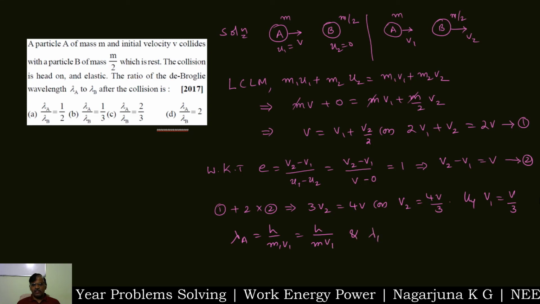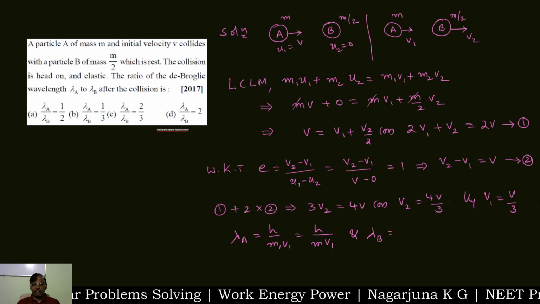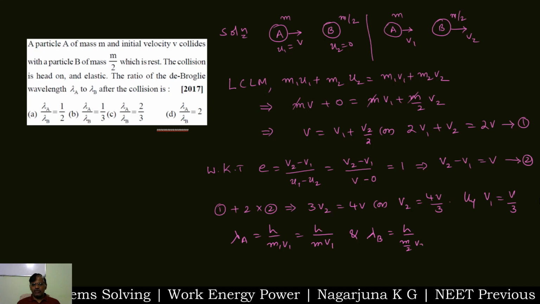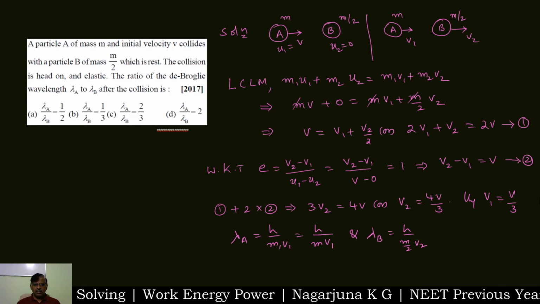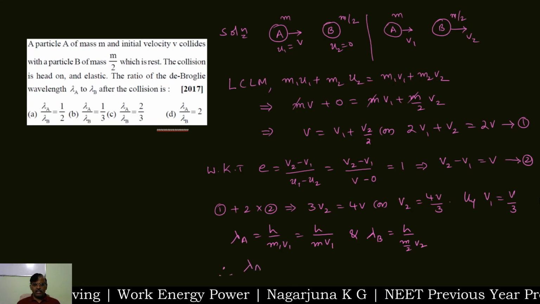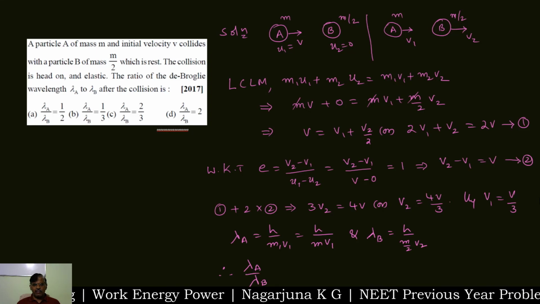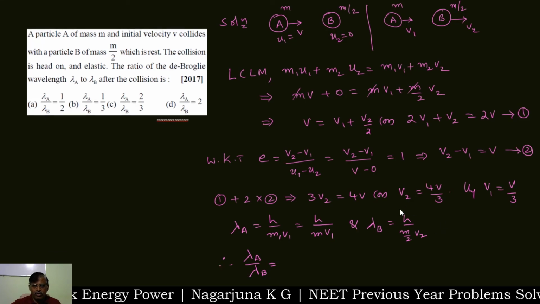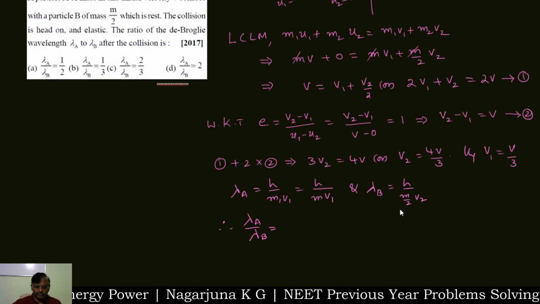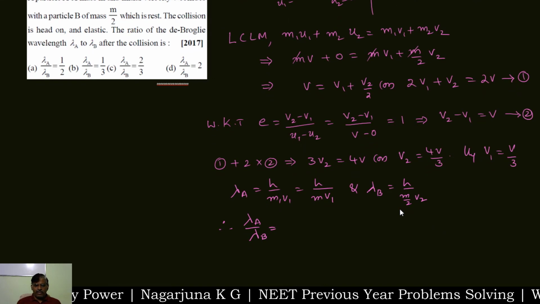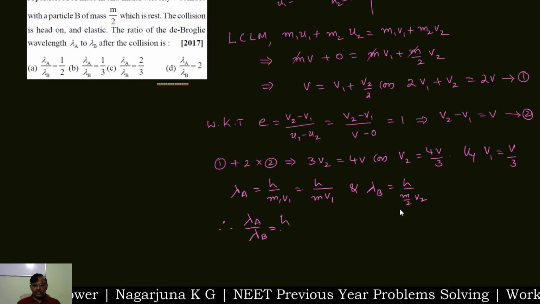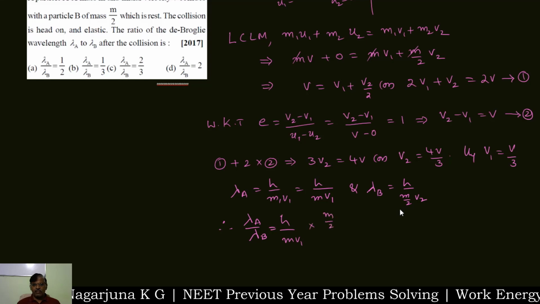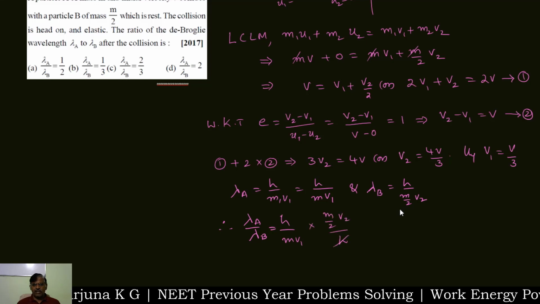And for the second particle, de Broglie wavelength lambda B is equal to h divided by m by 2 times v2. Therefore, lambda A divided by lambda B is equal to h divided by m v1 into m by 2 v2 divided by h.